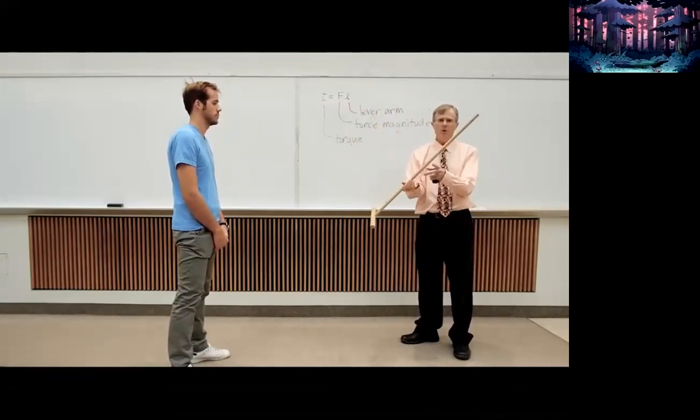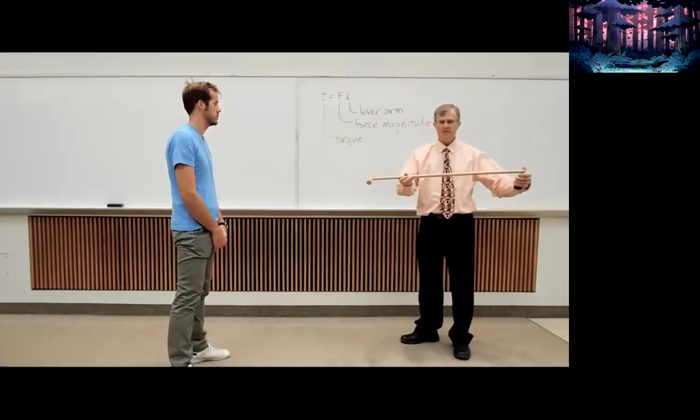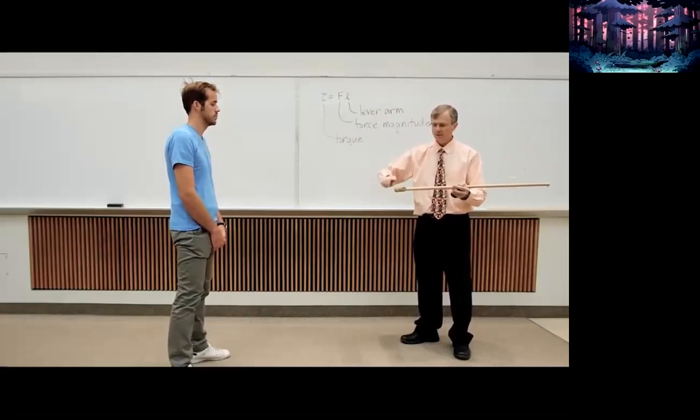Then I have some hooks here to which I will attach this mass at different locations. So the torque exerted when I attach the mass here will be less than the torque exerted when I attach the mass, say, here. The axis of rotation is here.